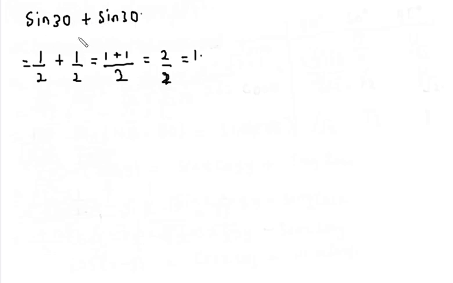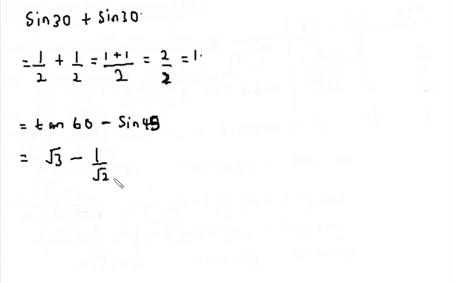Okay, so let's say we have tan 60 minus sine 45. Okay, so this would look like equal to tan 60 is root 3 minus sine 45 is 1 over root 2.